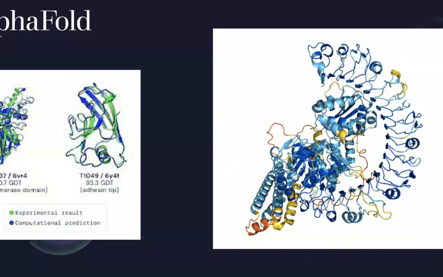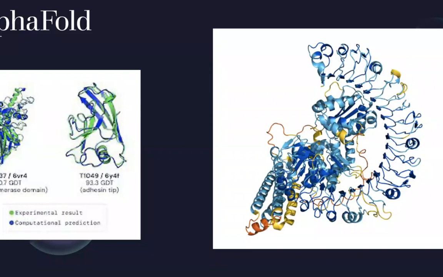AlphaFold is an artificial intelligence program developed by the DeepMind research team at Google. It uses deep learning techniques to predict the three-dimensional structure of proteins, which is a critical problem in the field of structural biology. Proteins are essential molecules that perform a wide range of functions in the body, including catalyzing biochemical reactions and providing structural support.